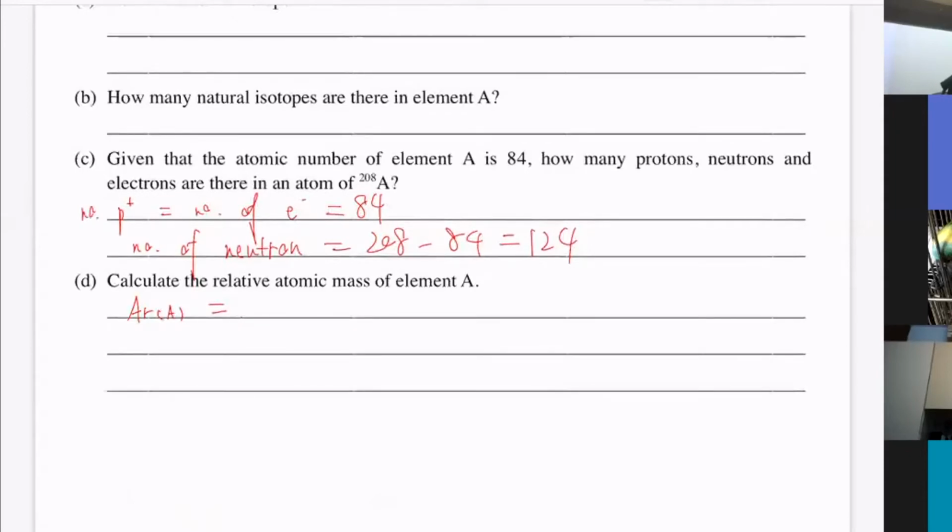Okay, so the correct answer should be 207.22.